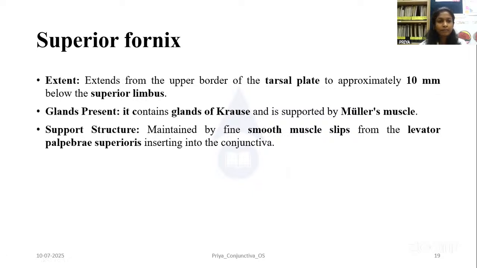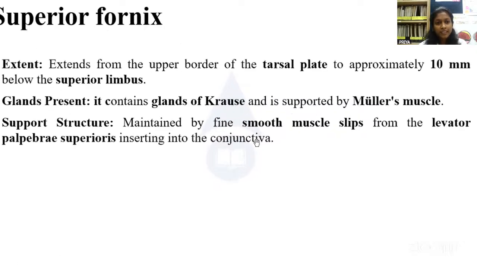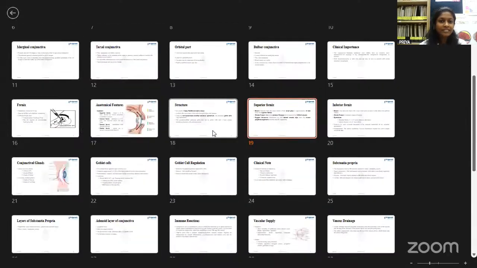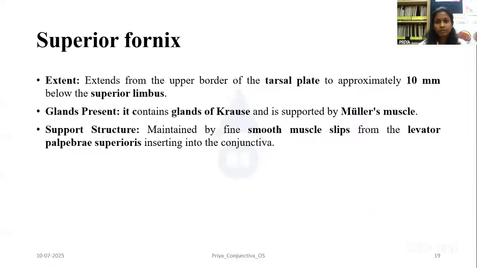Superior fornix. Extends from the upper border of the tarsal plate to approximately 10 mm above the superior limbus. Glands present: it contains glands of Krause. Glands of Krause are supported by Müller's muscles. The support structure is maintained by fine smooth muscle strips from the levator palpebrae superioris inserting into the conjunctiva.